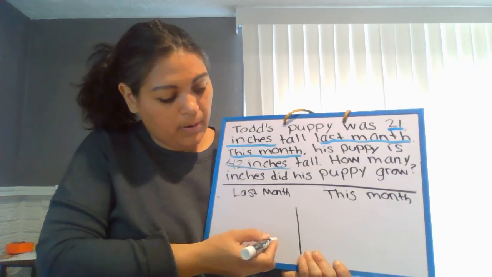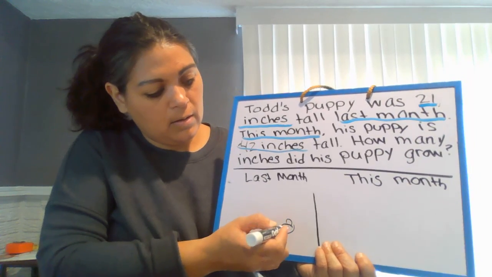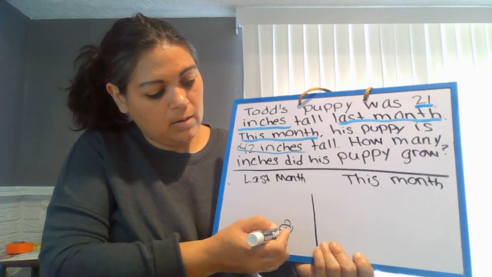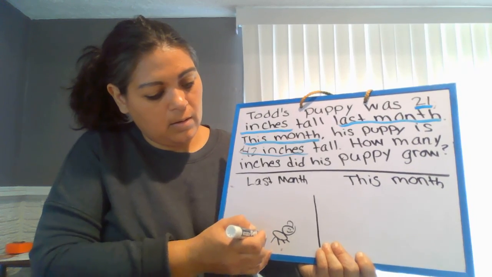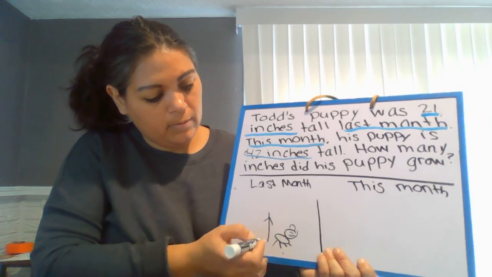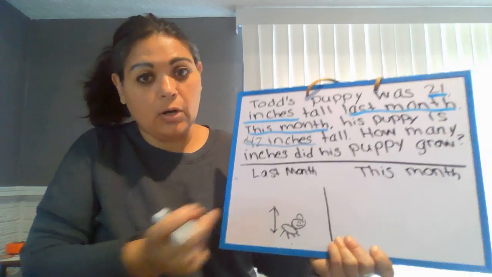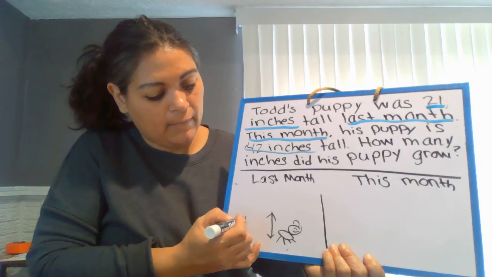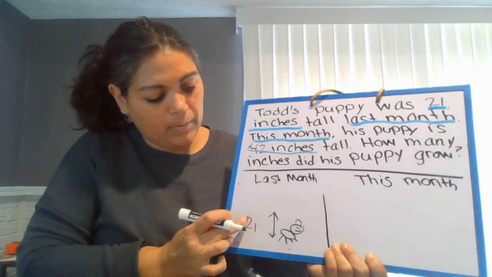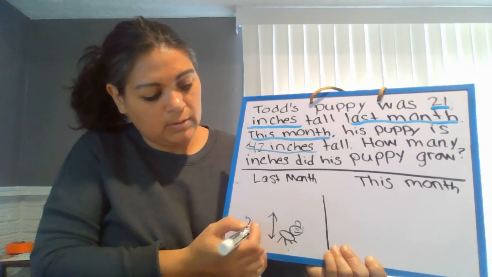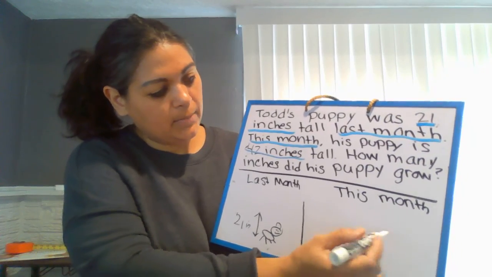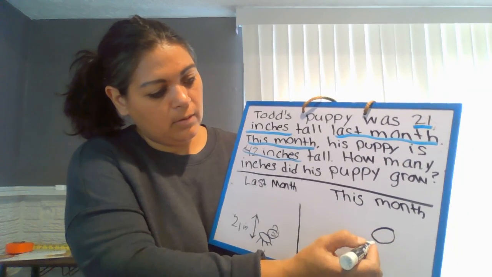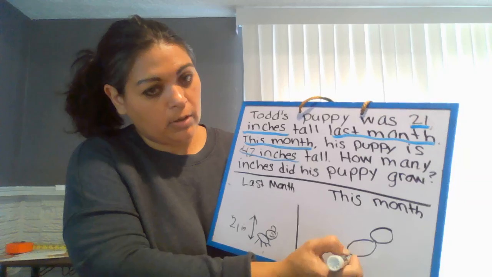Last month, the puppy, and I'm going to use an arrow to show how tall, or the height of it. Last month, the puppy was 21 inches. I'm going to put 21 inches. This month, the puppy grew much more.